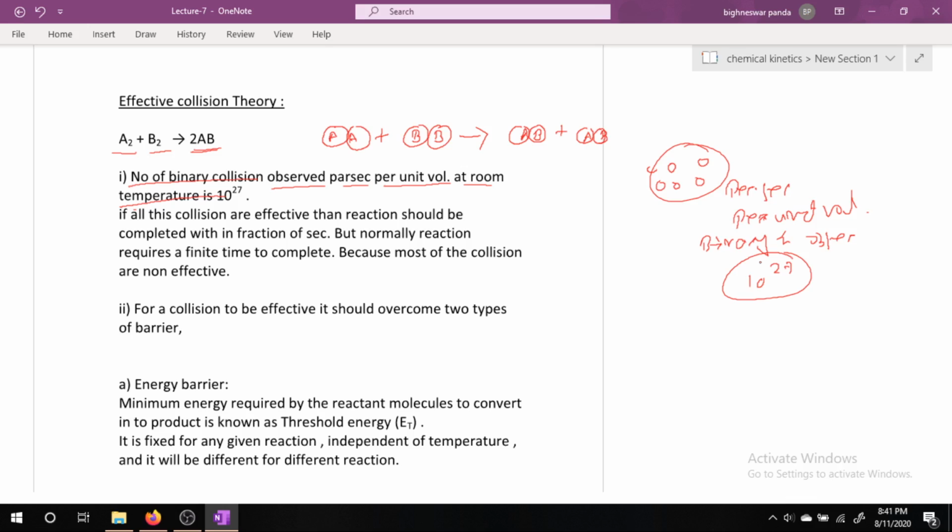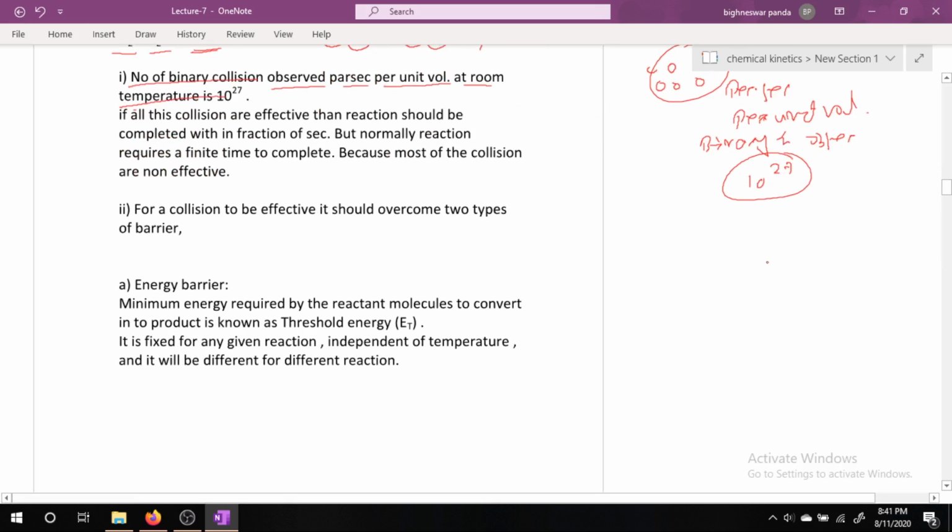If all these collisions are effective, then the reaction should be completed within a fraction of a second. But normally the reaction requires a finite time to complete because most of the collisions are ineffective or non-effective in nature.